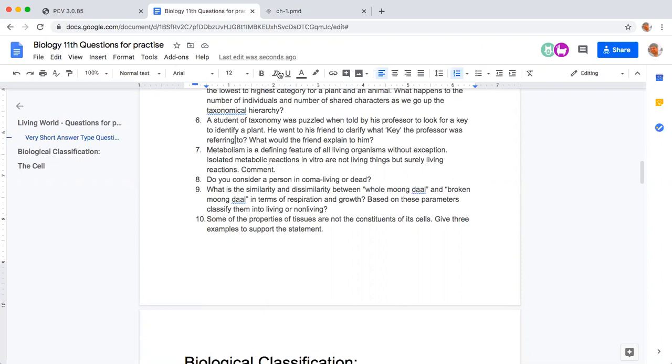Okay, what they are trying to tell you is metabolism is a defining feature. It is seen in all organisms. And the second point is saying isolated metabolic reactions in vitro are not living things, but surely living reactions. They are asking you to comment.